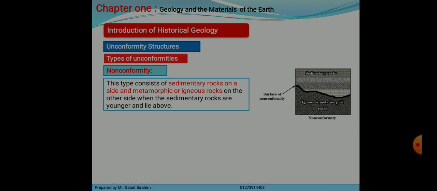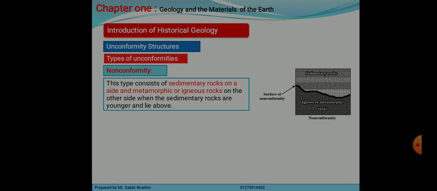And now, what are the types of unconformities? Number one, nonconformity. This type consists of sedimentary rocks on one side and metamorphic or igneous rocks on the other side, when the sedimentary rocks are younger and lie above.